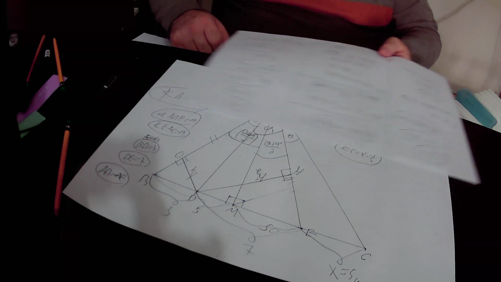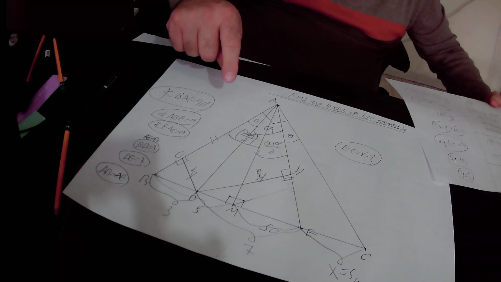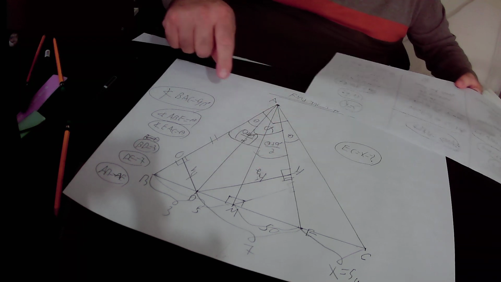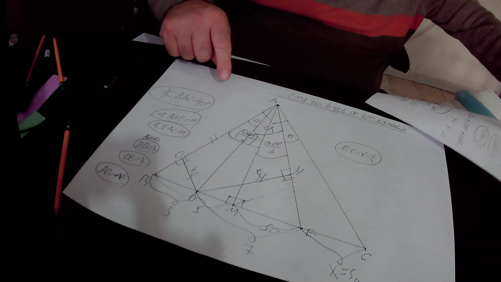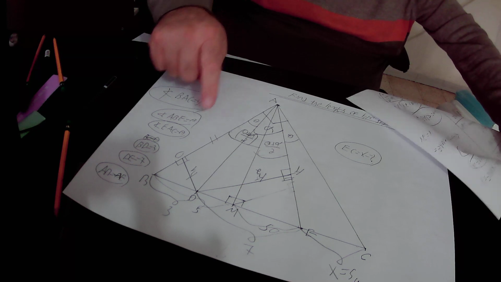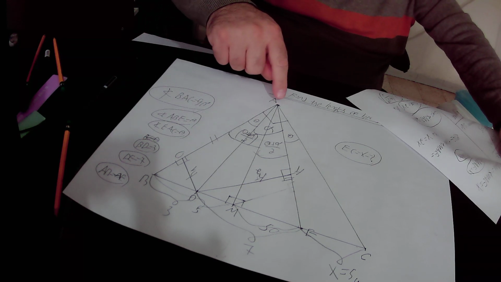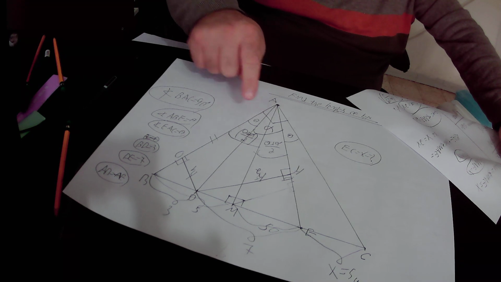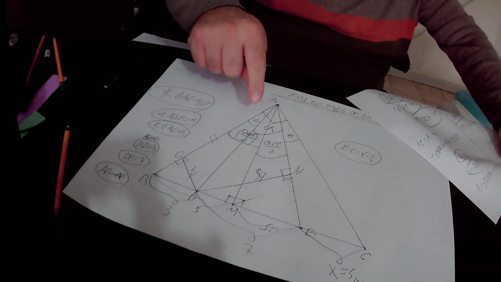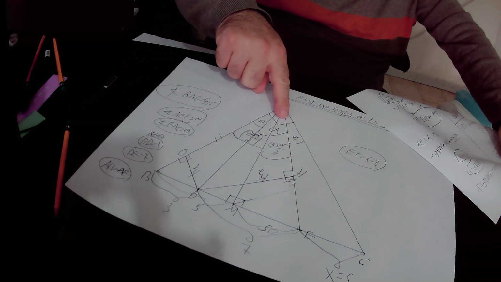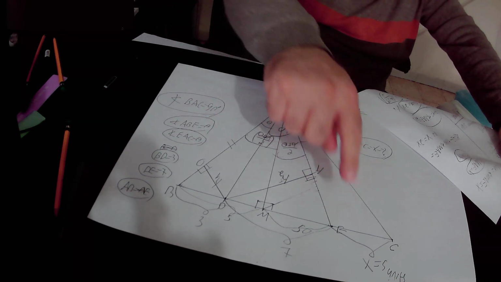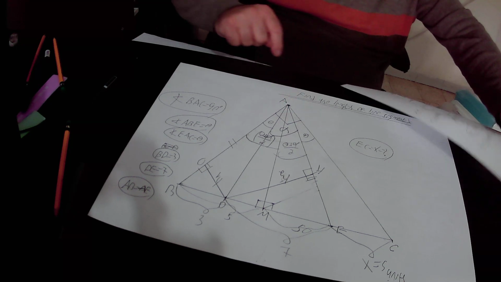And from the other side, from the drawing, you can see easily that angle BAE equals theta plus alpha.